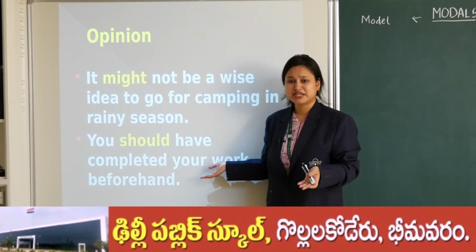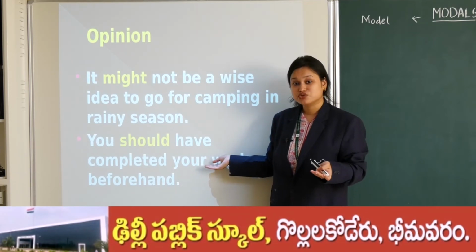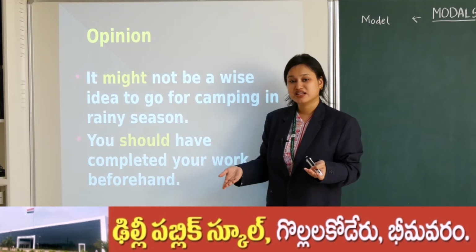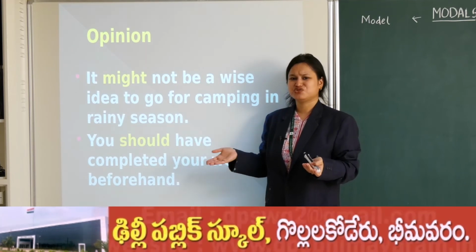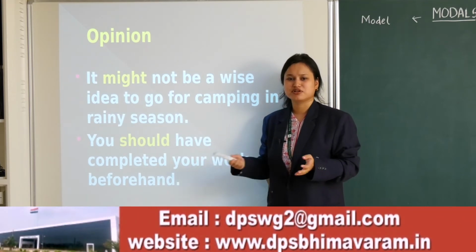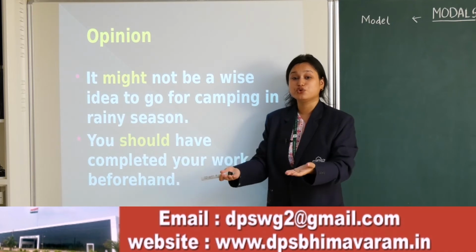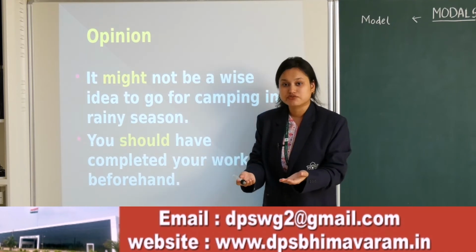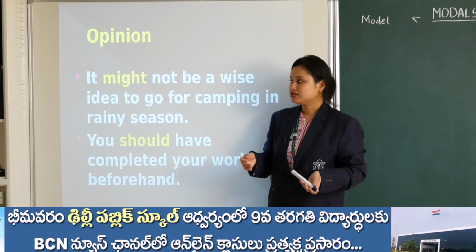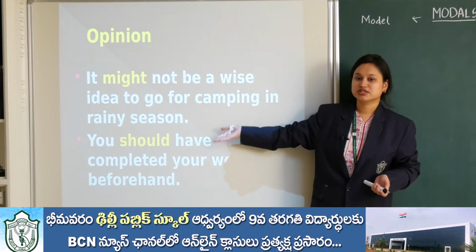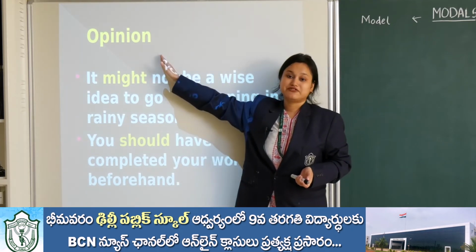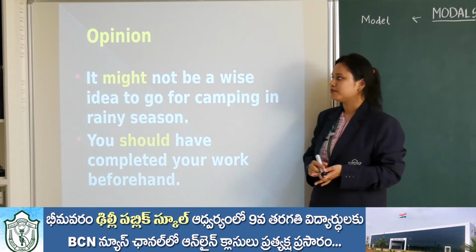You should have completed it then. What are you trying to do? You are again giving an opinion, that you should have completed it, you should not miss the games class for a task. You are putting your opinion in front of your friend. Understood? Might, should, again how these words are used for different intentions, opinion. Clear?